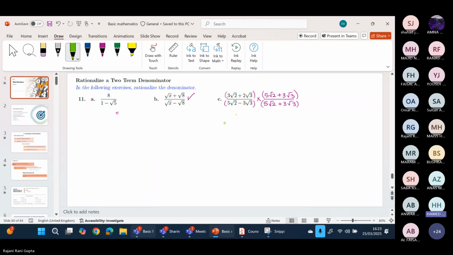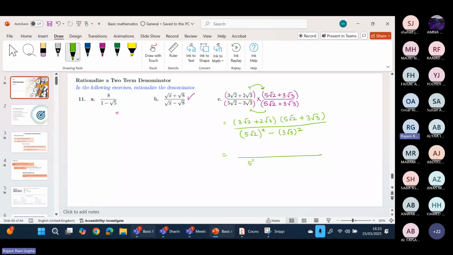Okay. And then you just multiply here. So keep this term the same. I'll just complete this one and then I'll end the session. In the denominator, you will have 5 root 2 power 2, 3 root 3 power 2. The numerator will be the same.